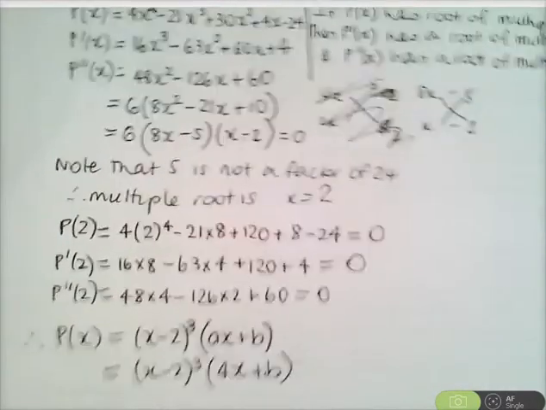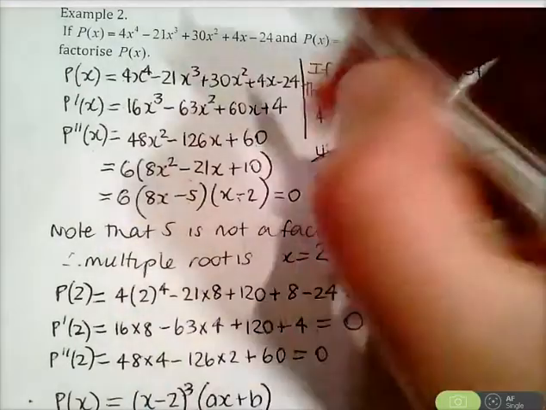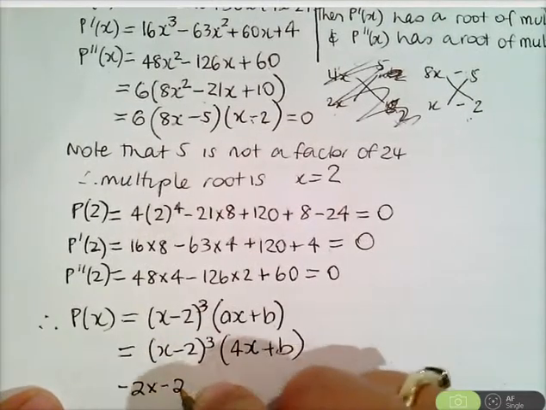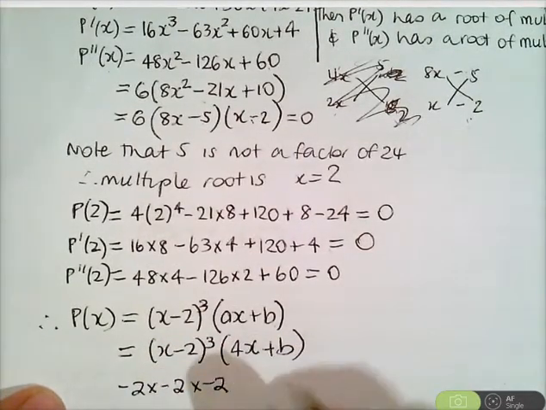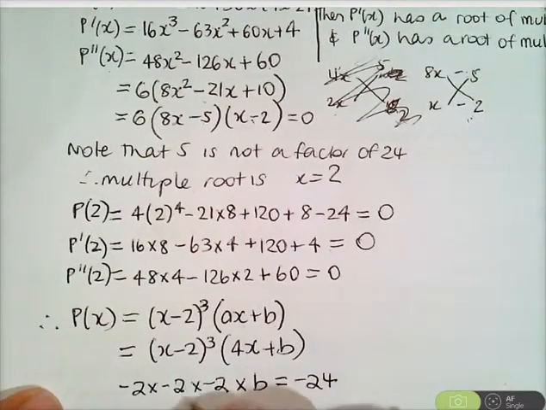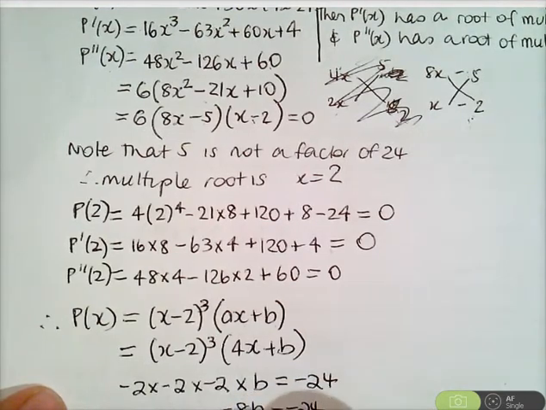Now, if we look at our original polynomial, the constant term is negative 24. So therefore we can say that negative 2 times negative 2 times negative 2, or just negative 2 cubed, times b is negative 24. So we get that negative 8b is negative 24. So therefore b is 3.